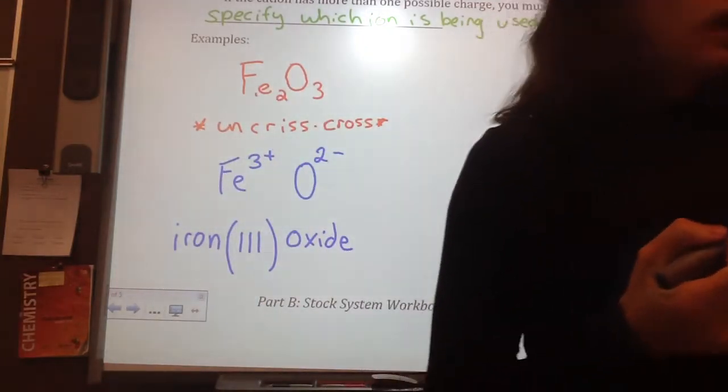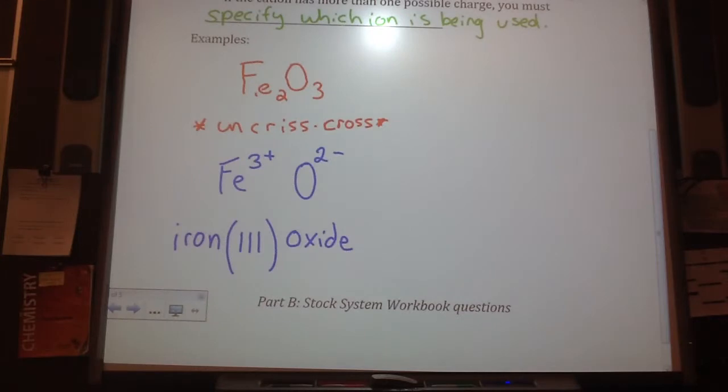So anytime on your periodic table there are multiple options, you have to write the name with the Roman numeral. So let's find more on our periodic table that have multiples. Look at your table and tell me some more that you see have multiple options.